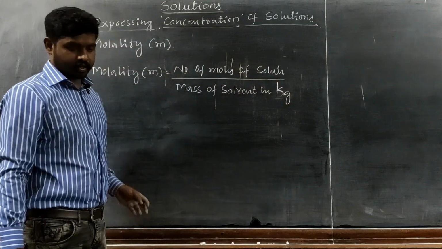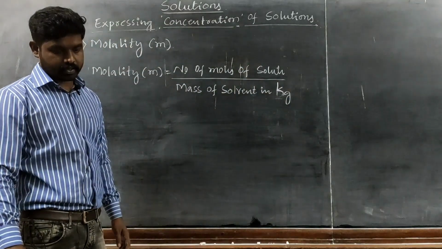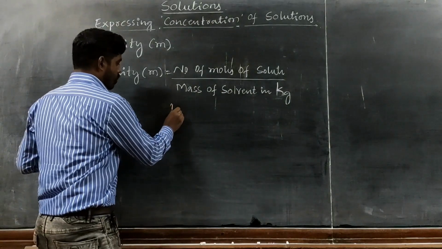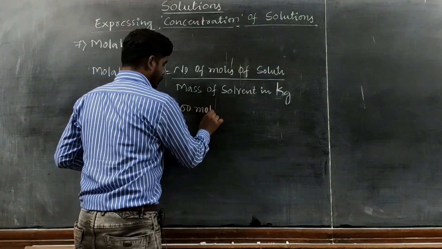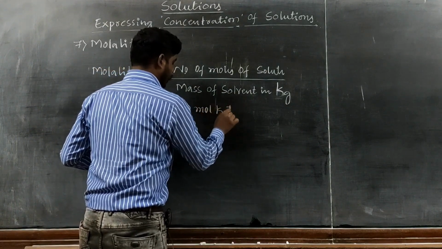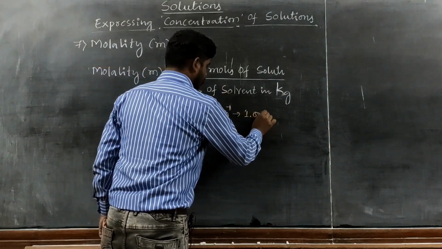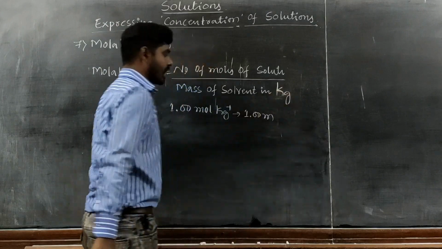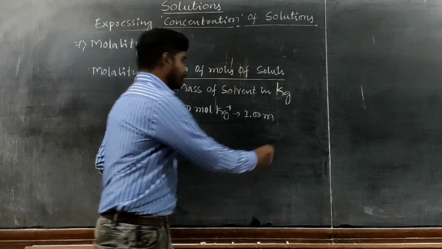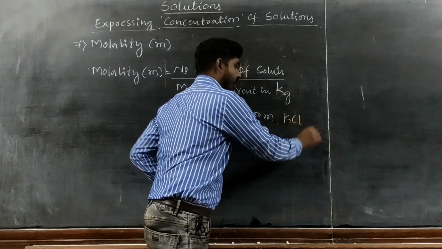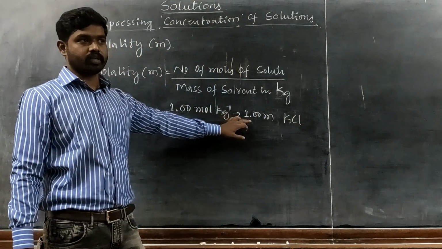Suppose if I consider KCl solution, that is 1.00 mole per kg. So this means that it is a 1.00 molal solution. So KCl means 74.5 gram of solute is dissolved in 1 kg of the solvent.